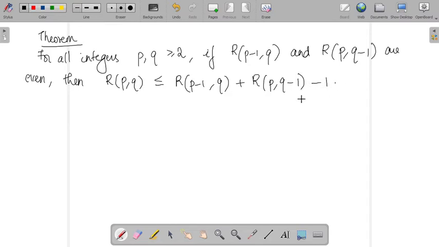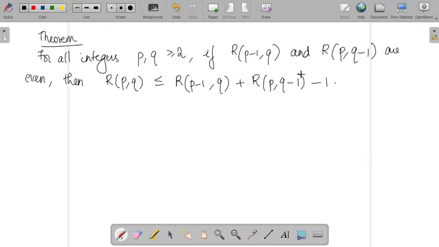So in the last theorem we have seen for all integers P and Q greater than or equal to 2, R of P, Q is less than or equal to R of P minus 1, Q plus R of P, Q minus 1. So we will use the pigeonhole principle and our previous result to prove this.